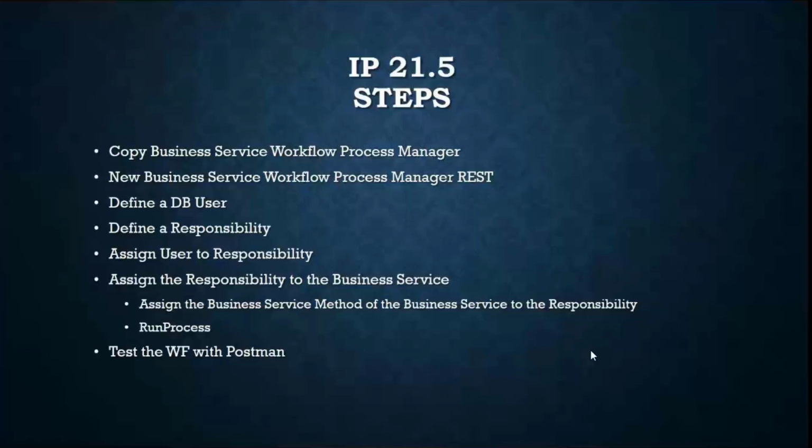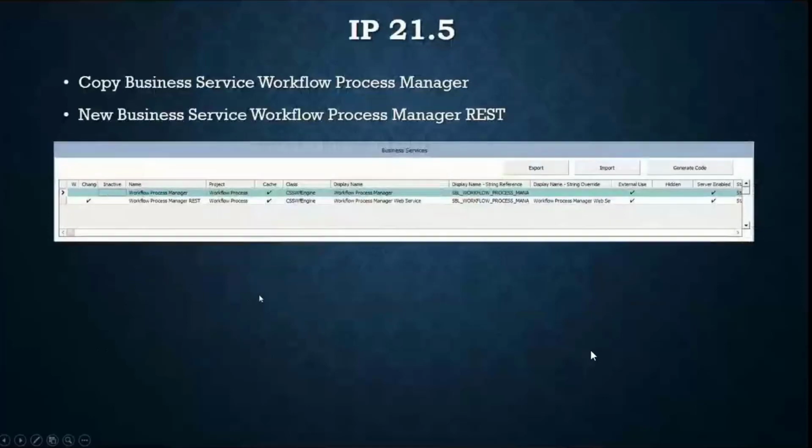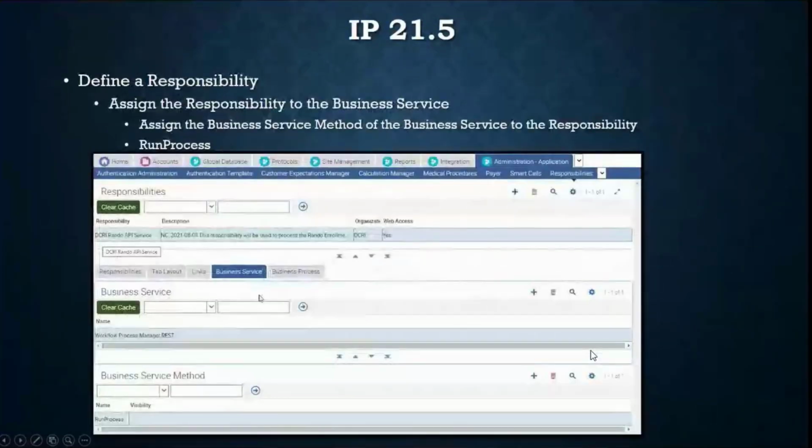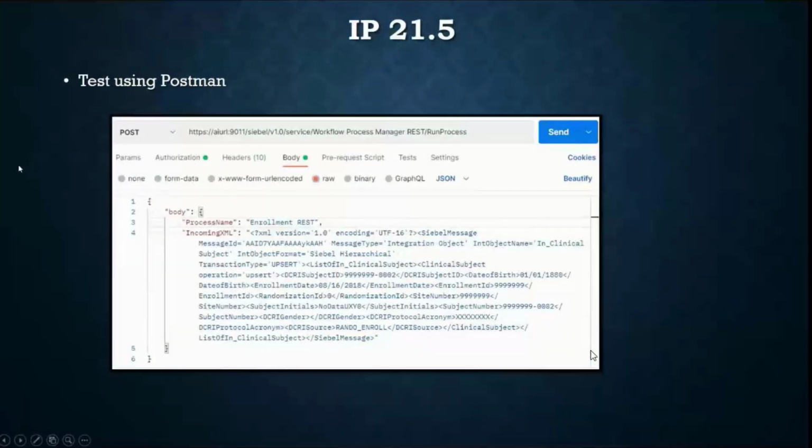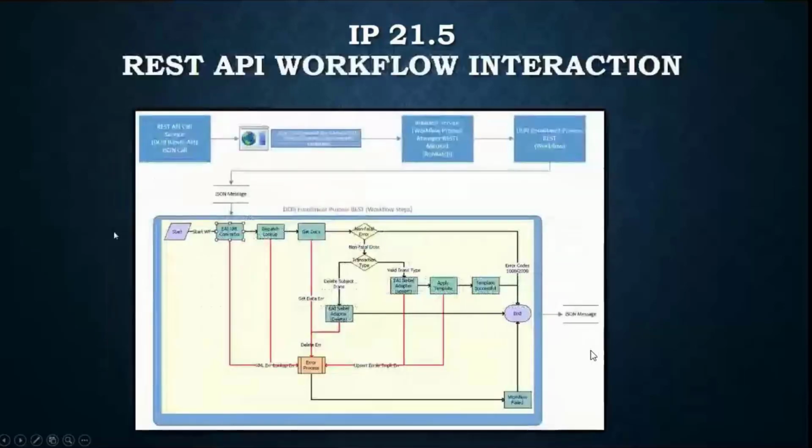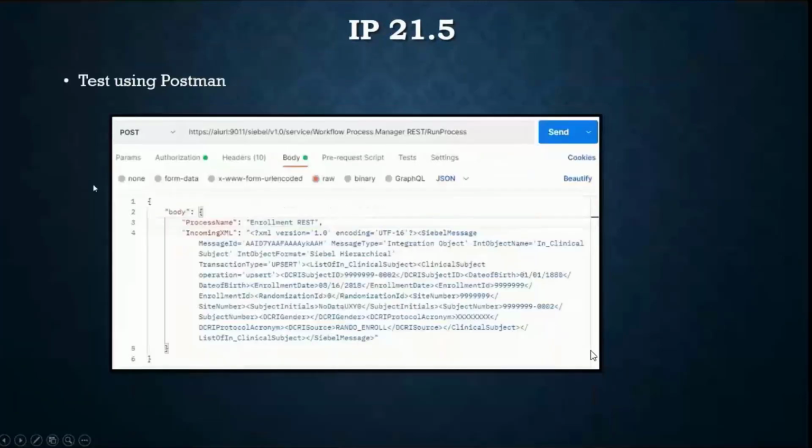And so you can make it the Workflow Process Manager REST service and run any workflow process you like. I think that's what I do here in this business method. You see, I do pass the process name here. Sure. Sorry, of course you do. Yeah, so you pass the process name here.